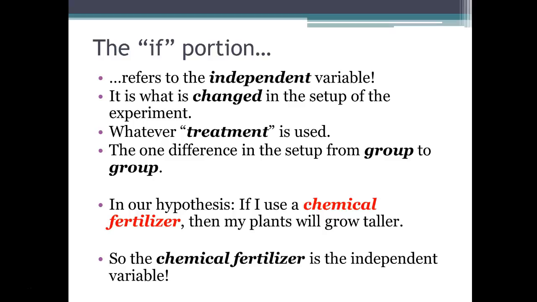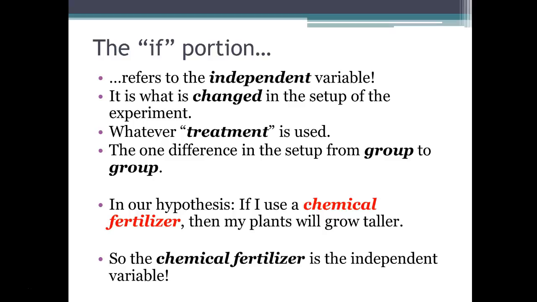Anytime you do an experiment, you're going to have at least two groups. One of those groups is going to have the independent variable applied to it, and the other one is not. But if you always remember that it's what you're going to test to see if it makes a difference, I think that will help you. So if you look back at the if-then statement, if I use a chemical fertilizer, then my plants will grow taller.